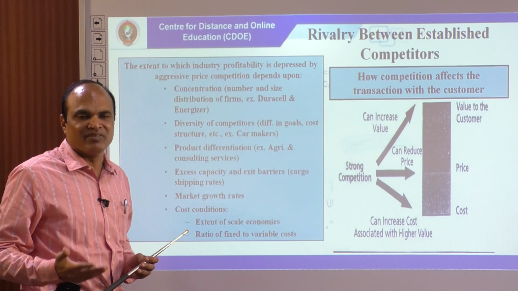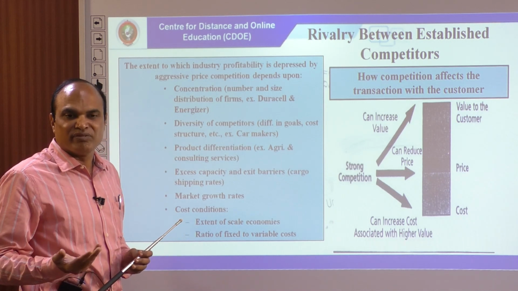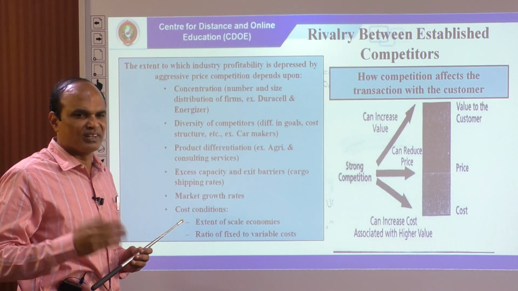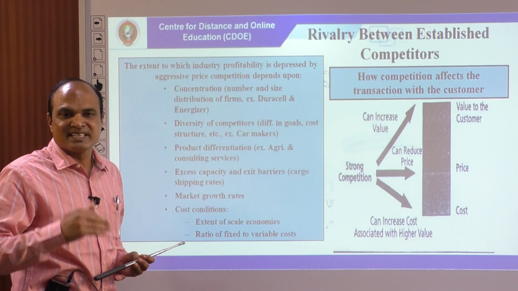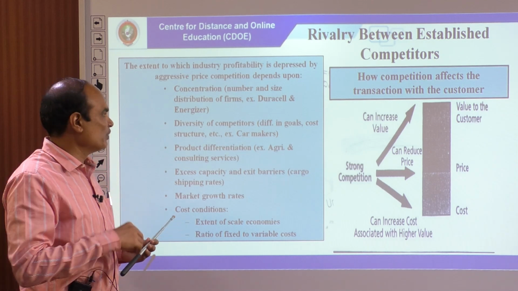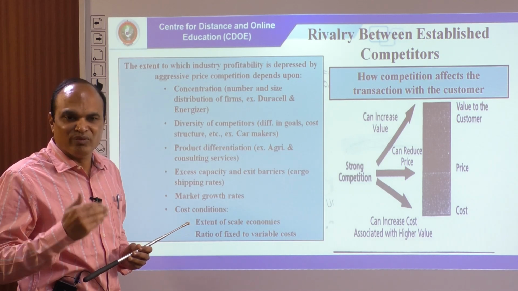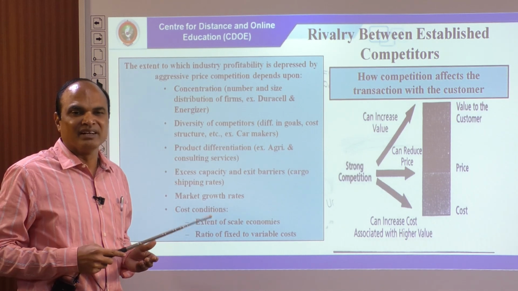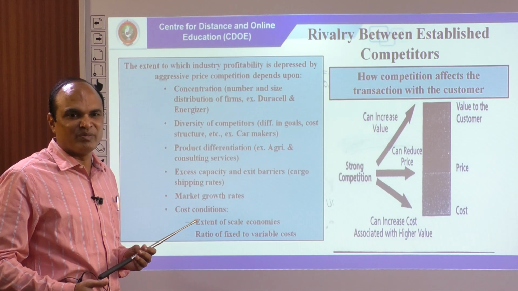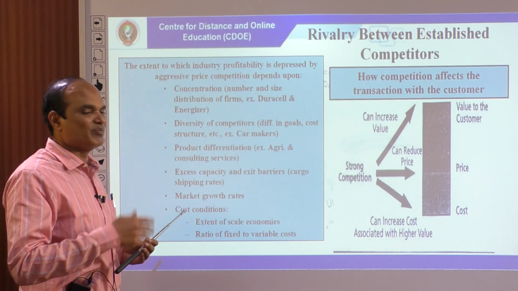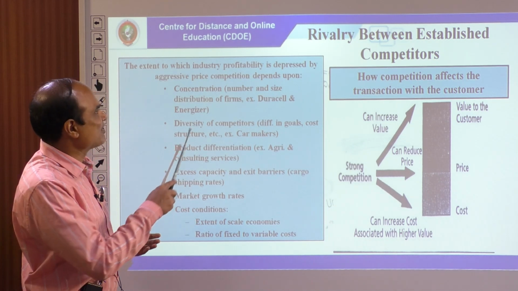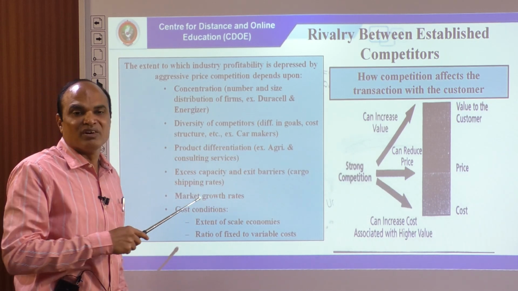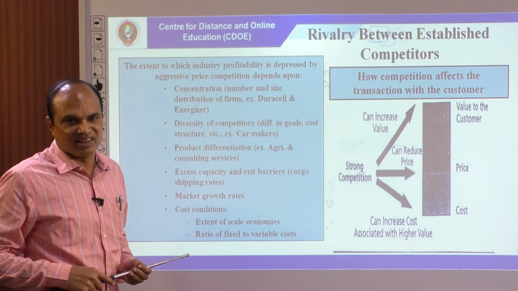Cars are available right from 5 to 6 lakhs to 1.5 crores, 3 crores, 4 crores and more. For every 60-70,000 rupees that a person is ready to invest additionally, they will get a new variant, either belonging to the same brand or some other brand. So there is a diversity of competitors, and their goals and cost structures vary from one another.